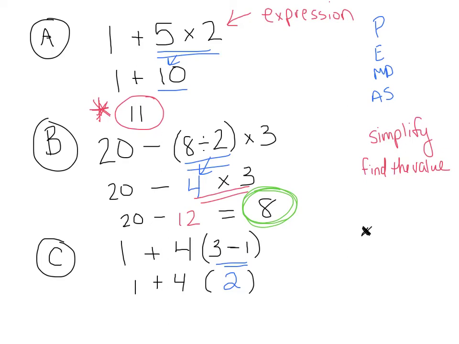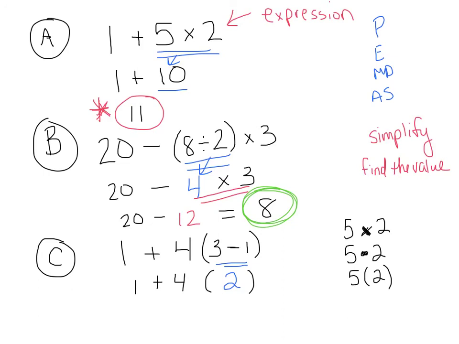So instead of using the X, let's take the 5 times 2, we can also write 5 with a dot and a 2. The dot means multiplication. Once again, this is a little bit better sometimes than writing the X, but sometimes it's hard to see the little dot, especially if you're writing it quickly. So a lot of times in math, we'll actually use the parentheses to also mean multiplication.